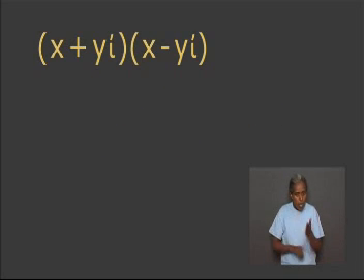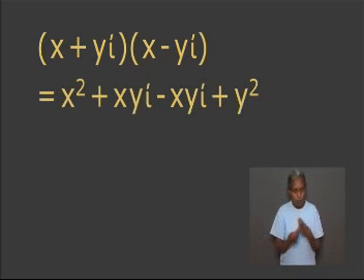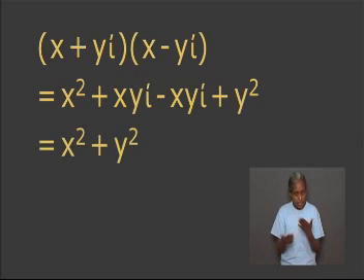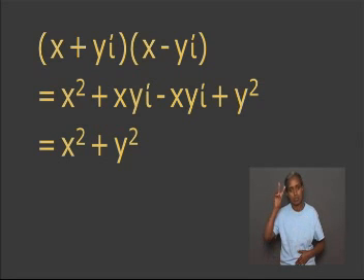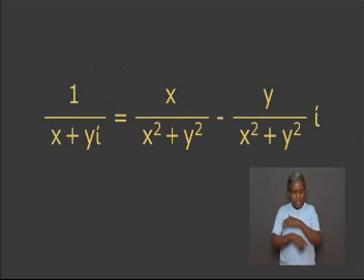What if we were to multiply x plus y iota by x minus y iota? The product is x squared plus xy iota minus xy iota plus y squared. This simplifies to x squared plus y squared. We can extrapolate even further.